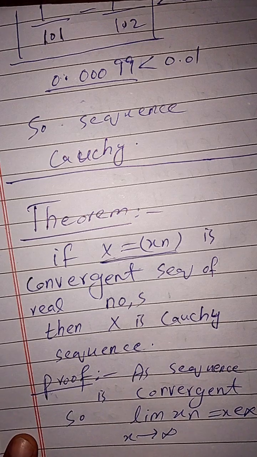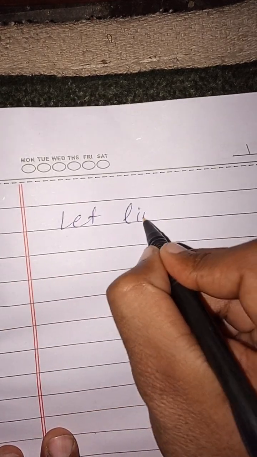Then the difference of the limit and the nth term of the sequence should be less than epsilon.